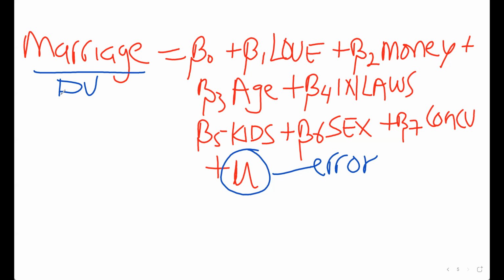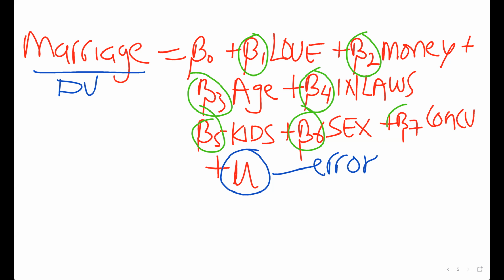All right. Now, what is beta 1? You are seeing some betas being mentioned there. What is beta 1? What is beta 2? What is beta 3? What is beta 4? What is beta 5? What is beta 6? What is beta 7?